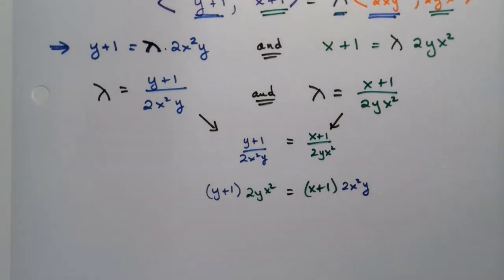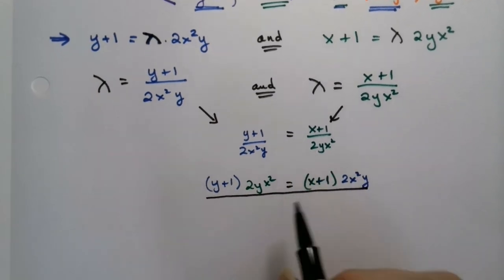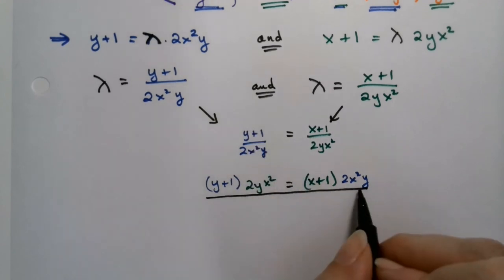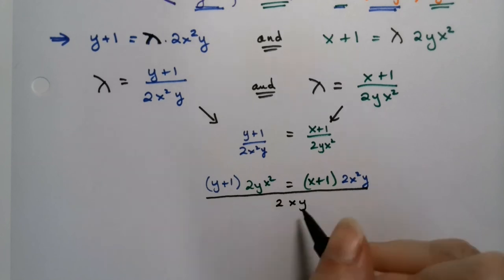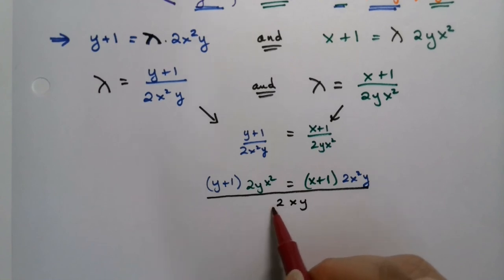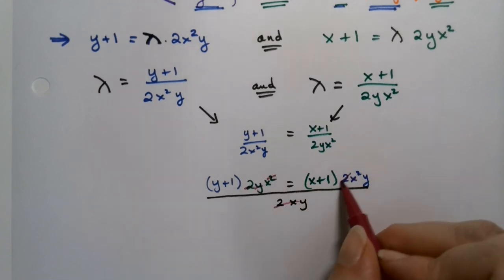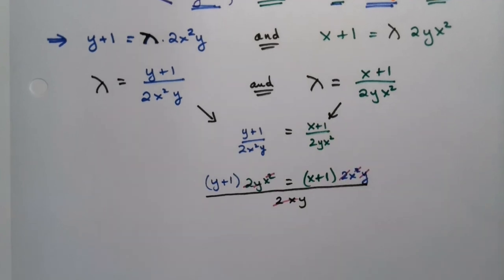Now you can divide out what they have in common. You could also have factored it or not have bothered distributing it in the first place. But either way, I'm going to divide everything by a 2 and an x and a y in order to make things cancel. That's my goal. So the 2xy will make the y, and one of the x's disappear here, and make the 2, one of the x's, and the y's disappear here.